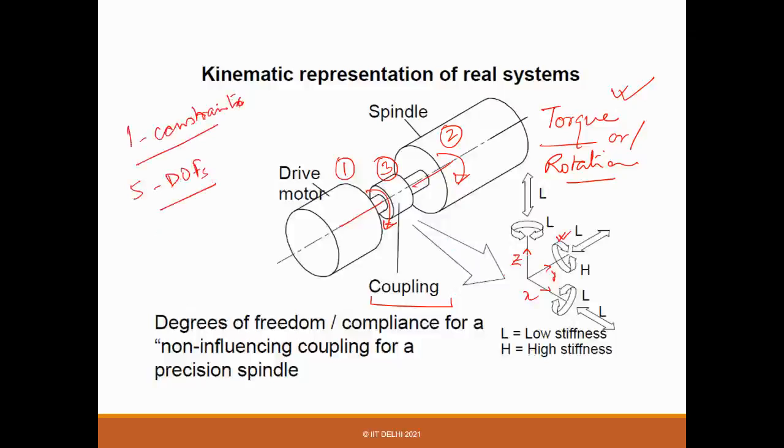Because if there is any misalignment or offset when you are connecting them, the drive motor and the load side can be mounted on different bearings. You are simply connecting through a coupling. If you want them to be perfectly matched, then you want six constraints.